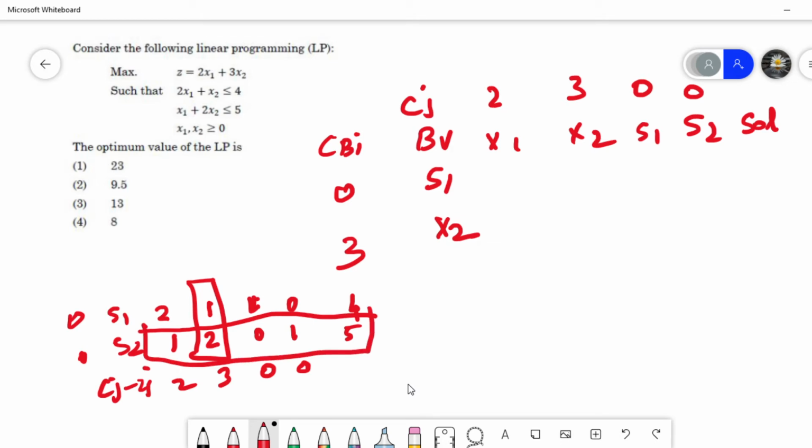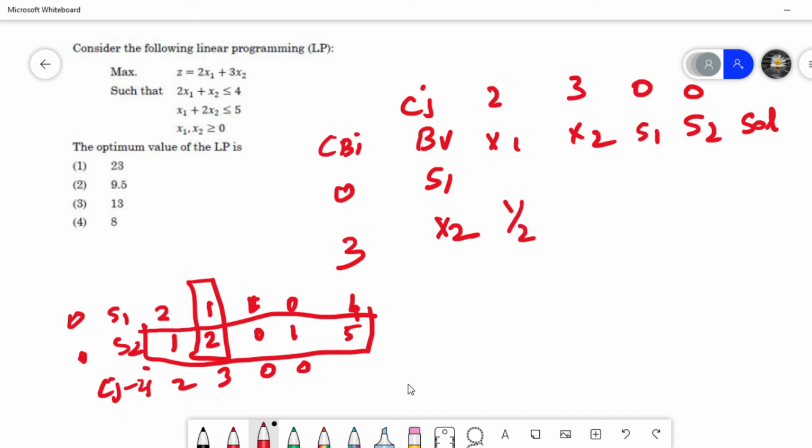So calculating the new value for the key row is very simple. We just divide the key row values by the key element. So what is the value? 1. What is the key element? 2. So the new value is 1 by 2.